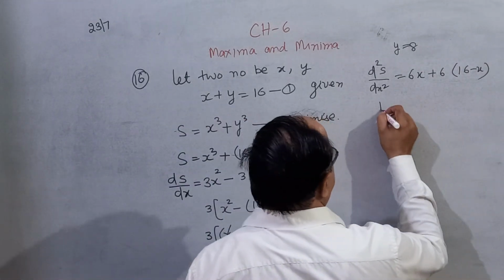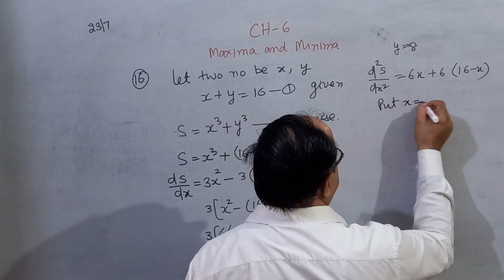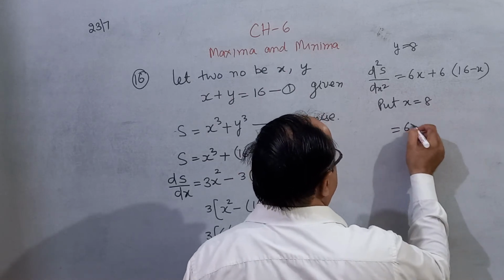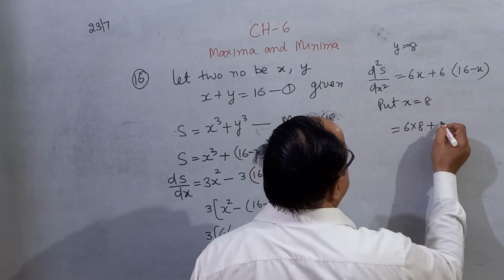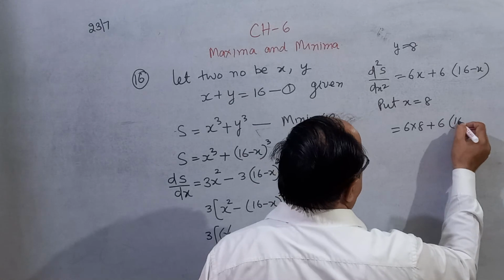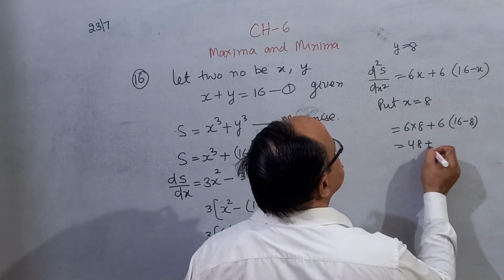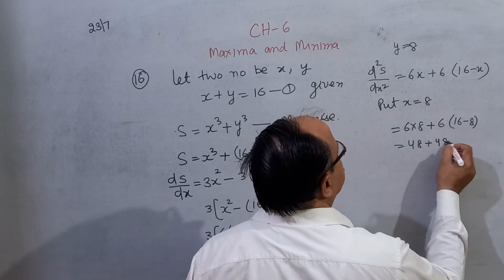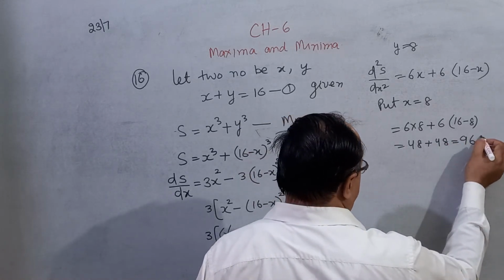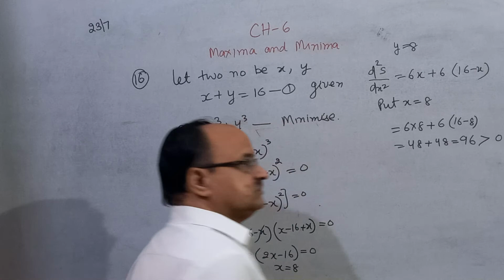Now put x equal to 8: 6 times 8 is 48, plus 6 times 16 minus 8, that is also 48, so 96. It is greater than 0.